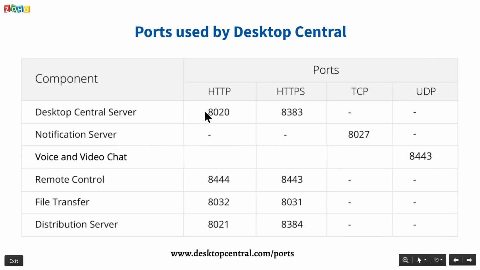Agent server communication happens on port 8020, and you can even make the agent contact the server securely on port 8383. Agent to server notification happens on port 8027 as well. To know more about the ports, you can visit the URL below, desktopcentral.com ports.